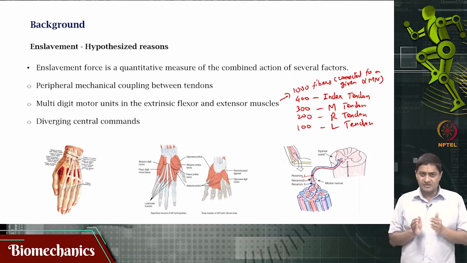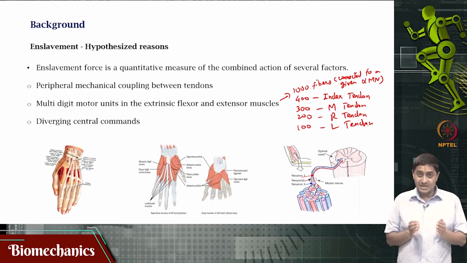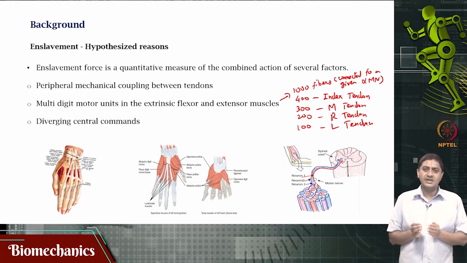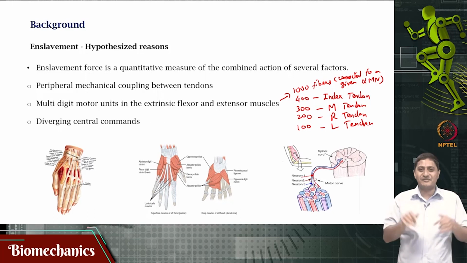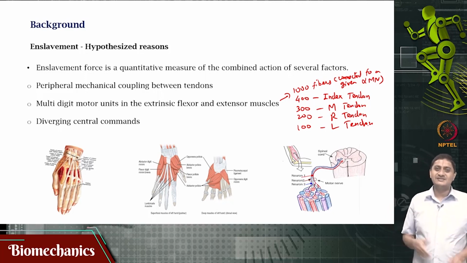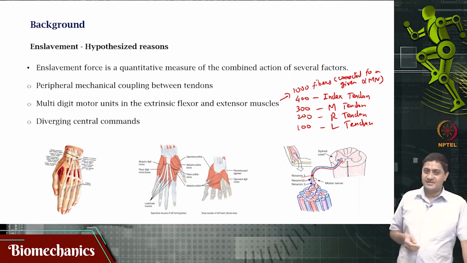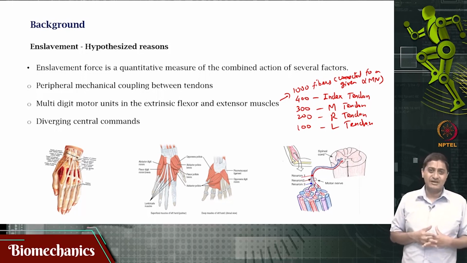So, two neurons that are neighbors, adjacent to each other, may actually end up sending commands to fingers, index and little, that are far away from each other. This is a possibility. We discussed that there can be a mosaic arrangement of finger representation in the motor cortex.